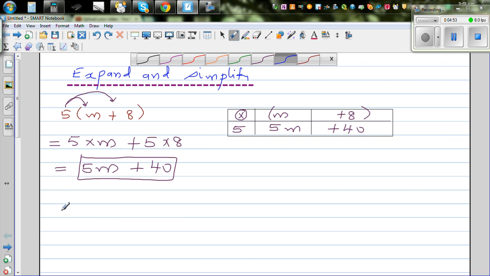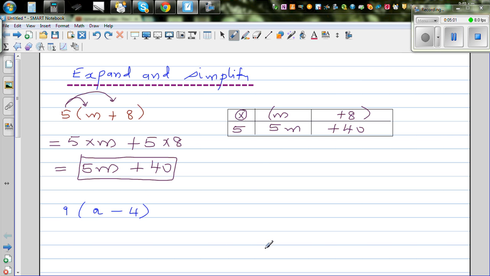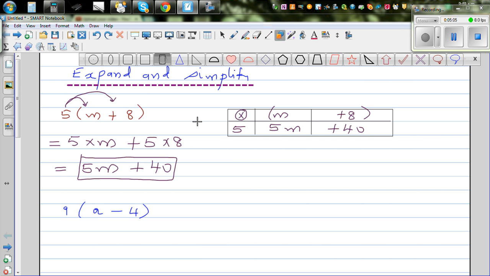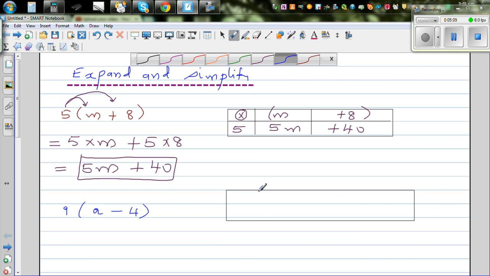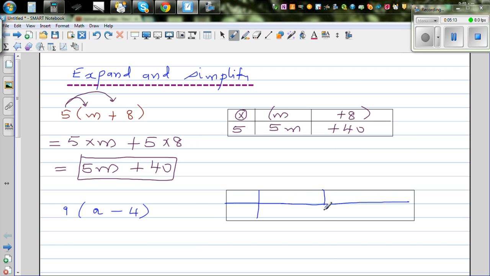Say 9 times a minus 4. 9 times a minus 4. So let me draw a square or rectangle, and then split this. So this is your 9 times a, I'll put this in the bracket, minus 4.